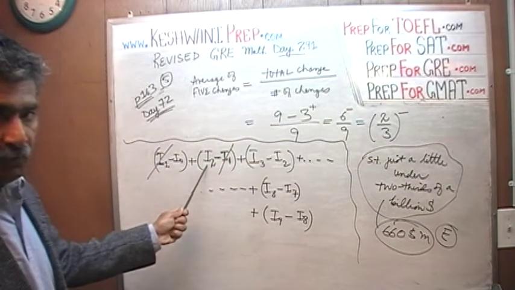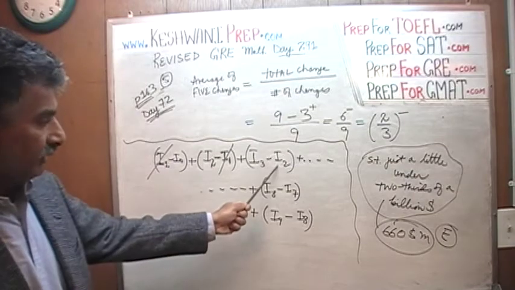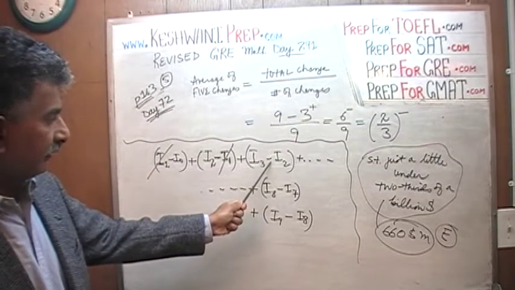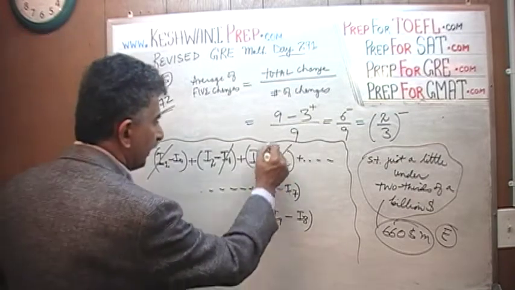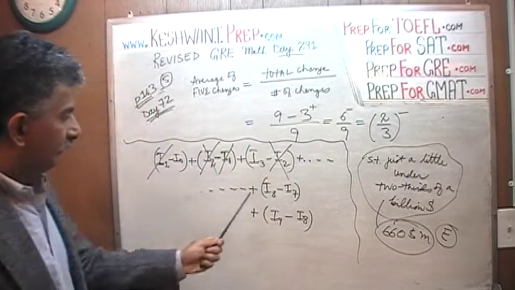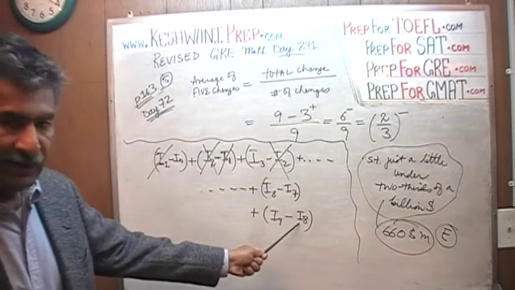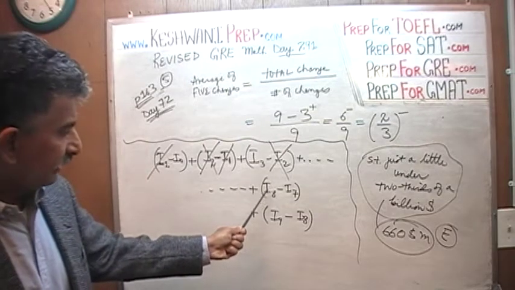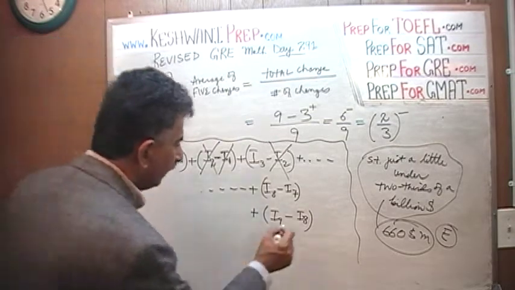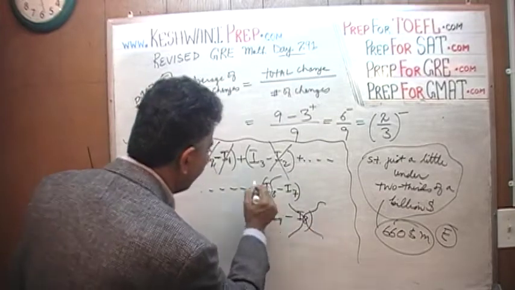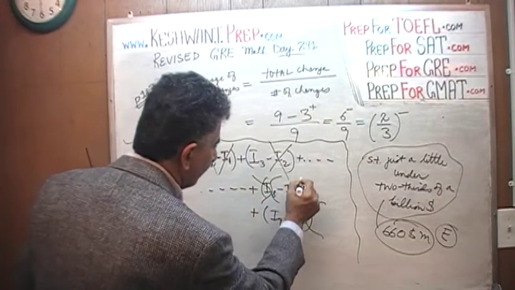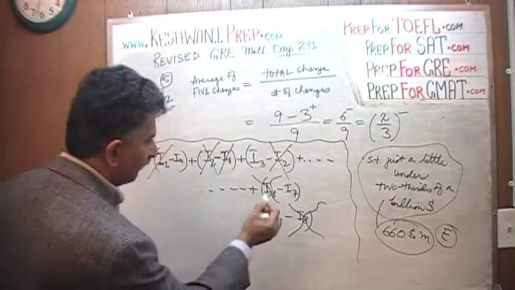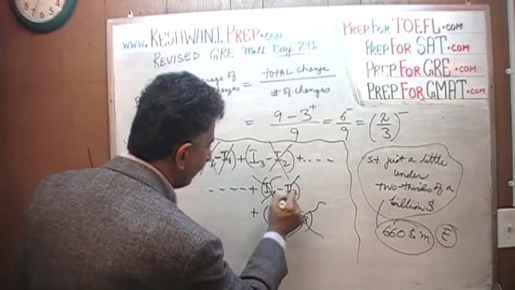Similarly, I see the imports of 2002 appearing here again, but this is a negative, so they cancel each other out. Similarly, here I see the imports of 2008, and here is the imports of 2008 again. This is a positive figure, this is a negative figure. These are going to cancel each other out, and this is going to cancel itself out with the previous 2007.